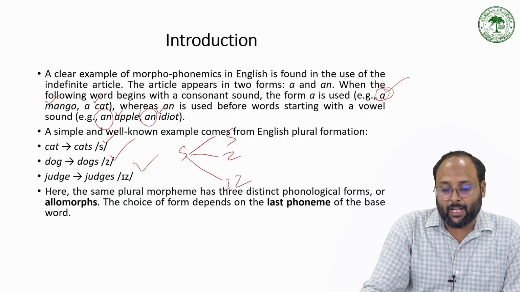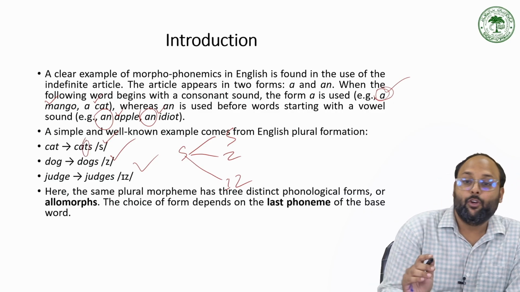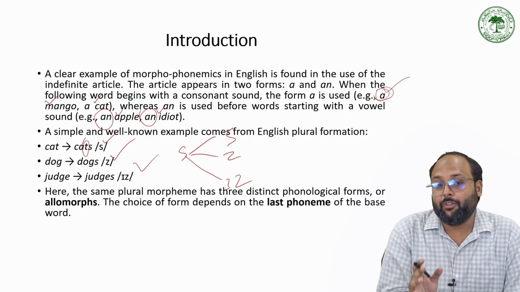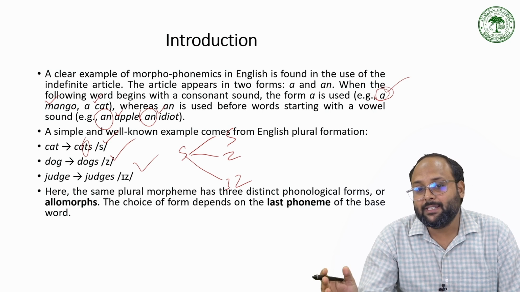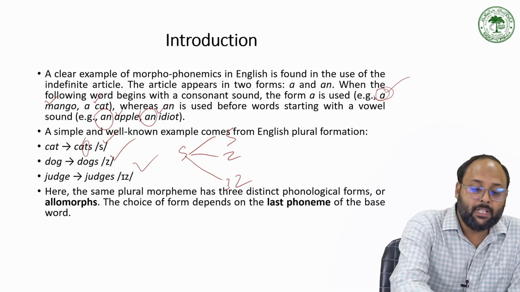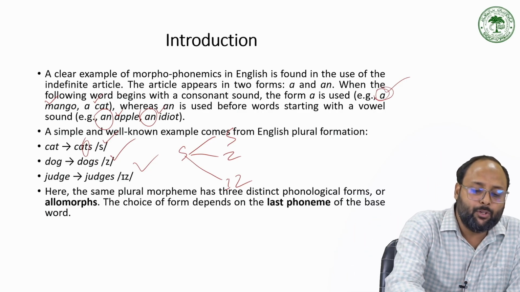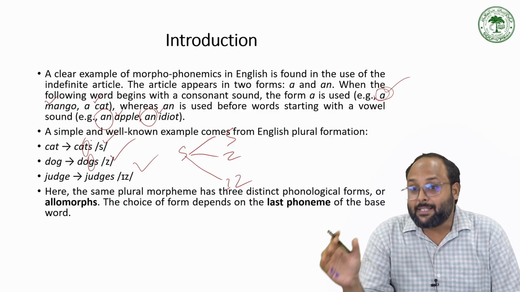It is because of the preceding sound. The t is a voiceless sound. So when the plural morpheme occurs after any voiceless sound, it is pronounced as s. And when the plural morpheme s occurs after any voiced sound like g, it is realized as z.